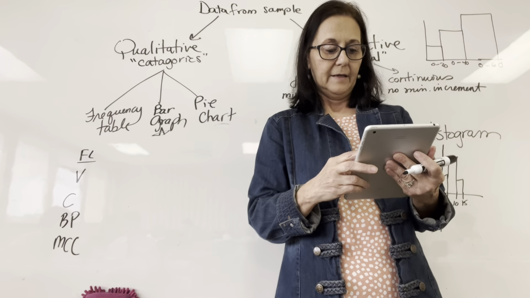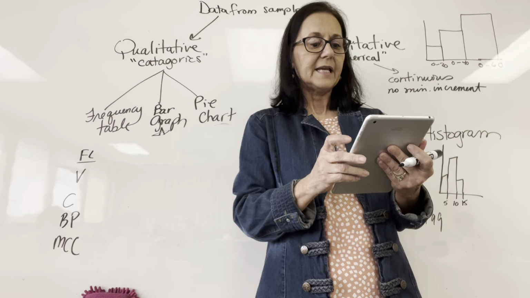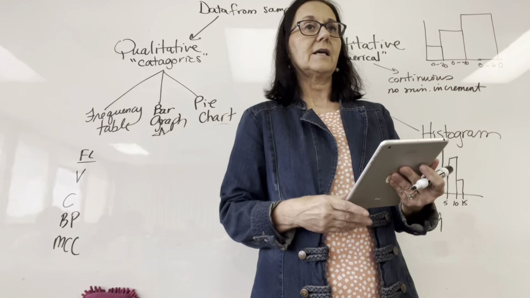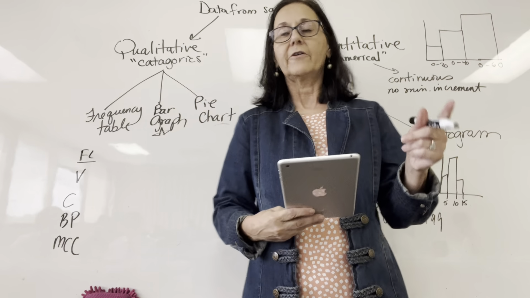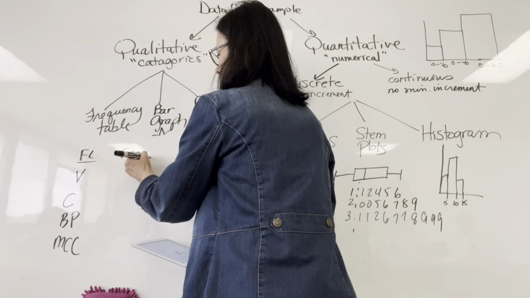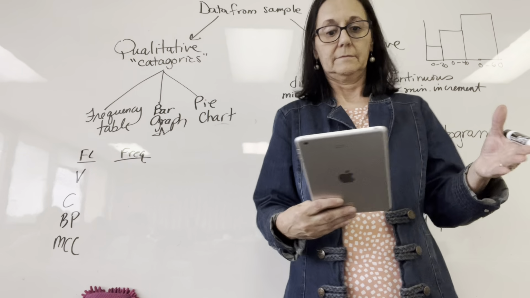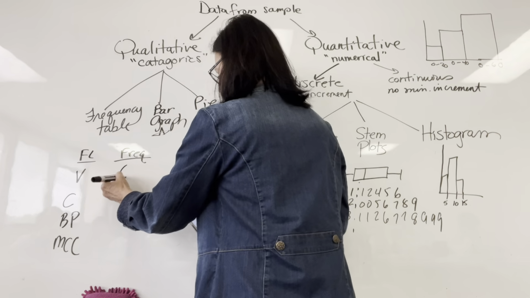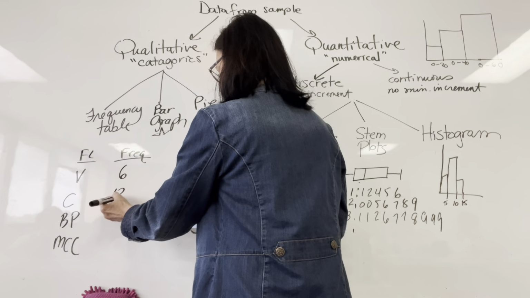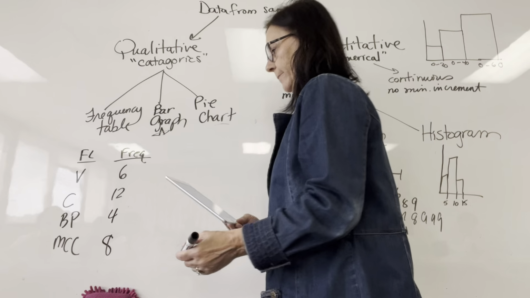It says create a table with frequencies and relative frequencies. The frequency is how many people chose that. So 6 chose vanilla, 12 chose chocolate, 4 butter pecan, 8 mint chocolate chip.